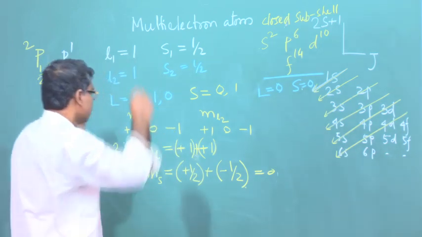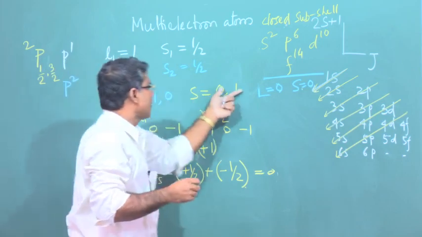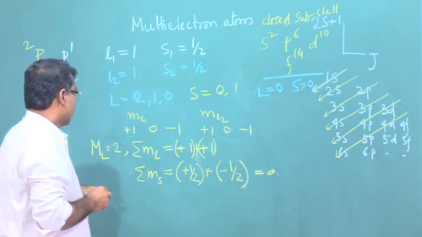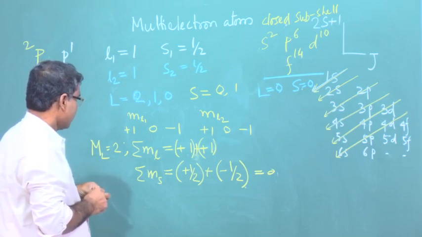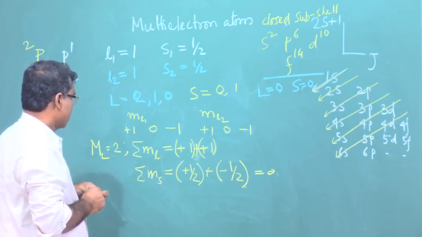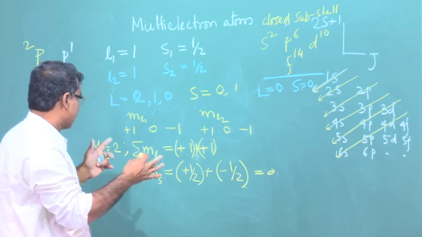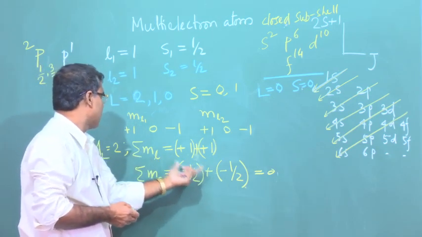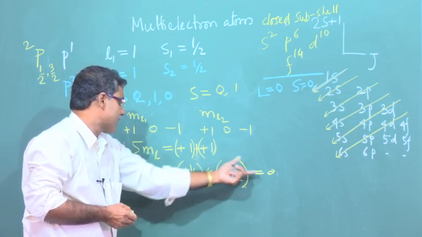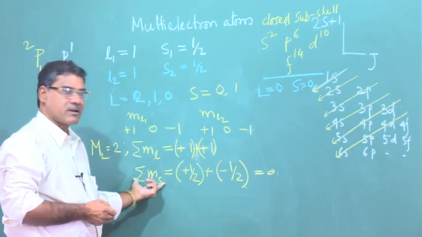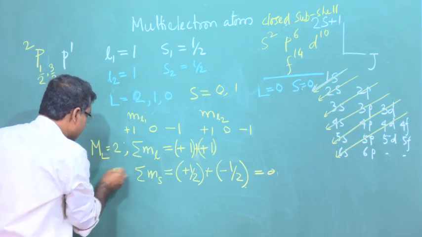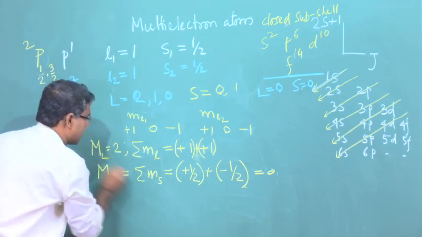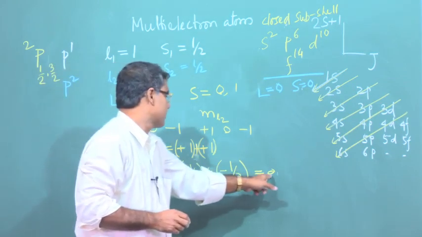From S equal to 1 one can also get this Ms of 0, but here we are considering the individual Ms1 and Ms2 and finding the summation, the capital Ms, which is 0.